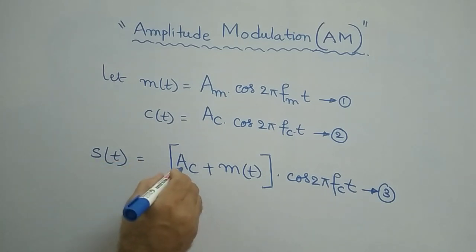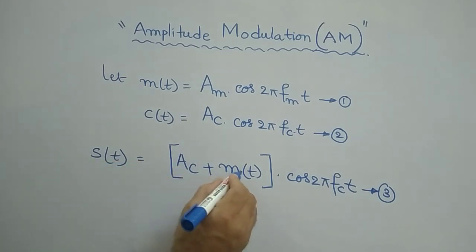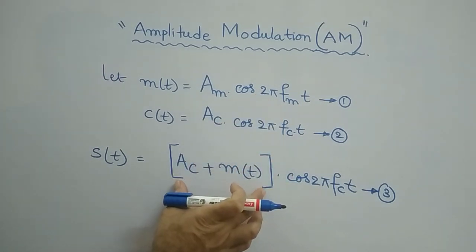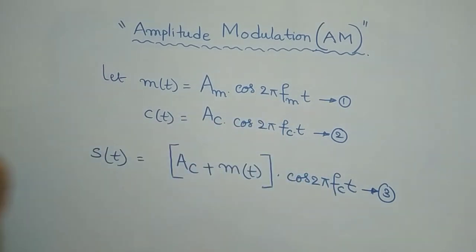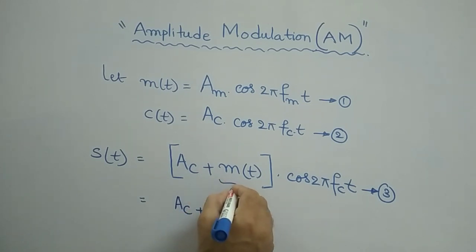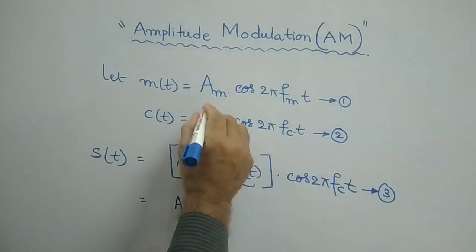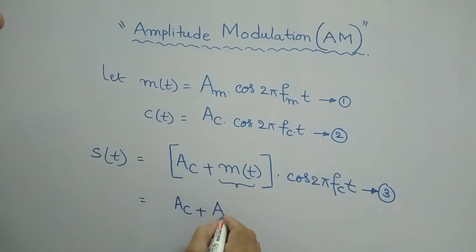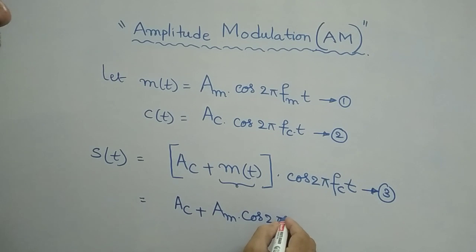S of t is equal to AC plus m of t, where m of t is the message signal, the whole in a square bracket, into cos 2 pi fct. Further you can write AC plus what is m of t? It is Am into cos 2 pi fm into t.